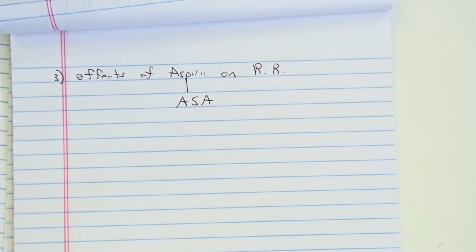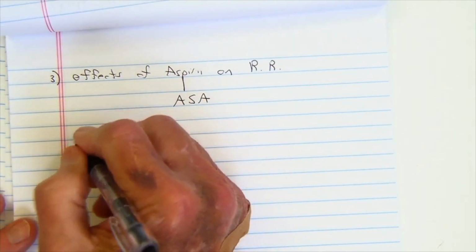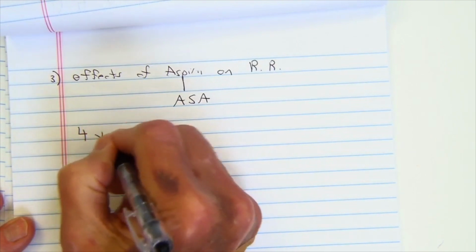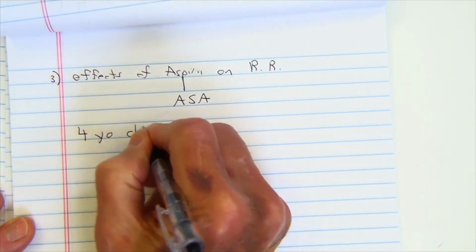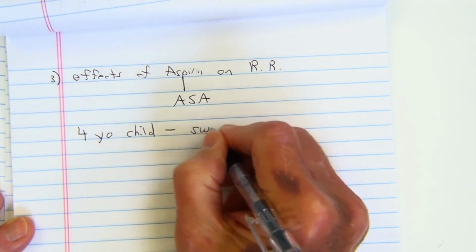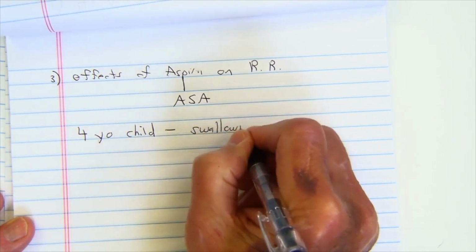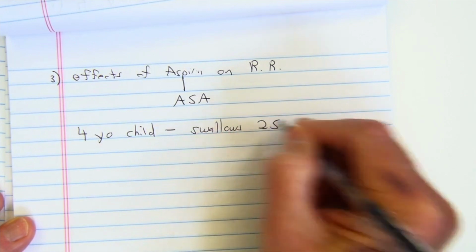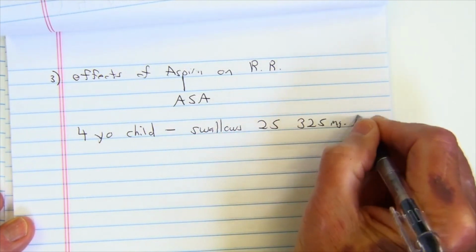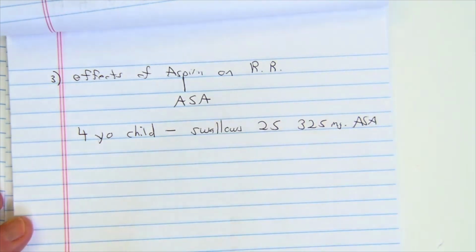So the classic example is you've got a 4-year-old child, and the 4-year-old child swallows 325 milligrams of acetylsalicylic acid.